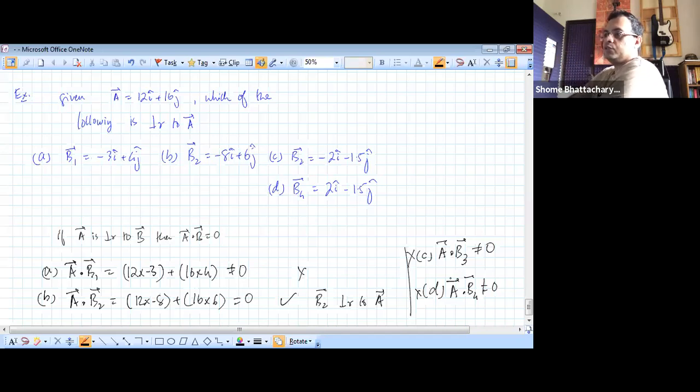So the easiest way to check whether two vectors given are perpendicular is that their dot product should be 0. Okay, people, hope this example is clear to all of you.